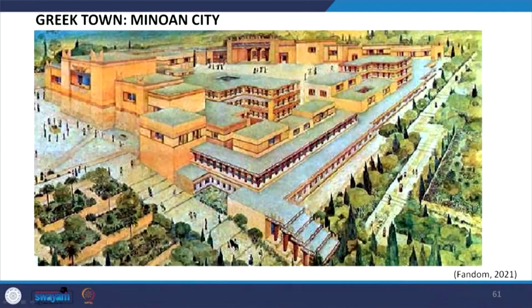Likewise, in the image, you can see a Minoan city, the ancient Greek domestic architecture centered on open spaces or courtyards surrounded by colonnades. Looking at the spatial structure of the cities in the Greek civilization, city forms were of two types, old and new cities.